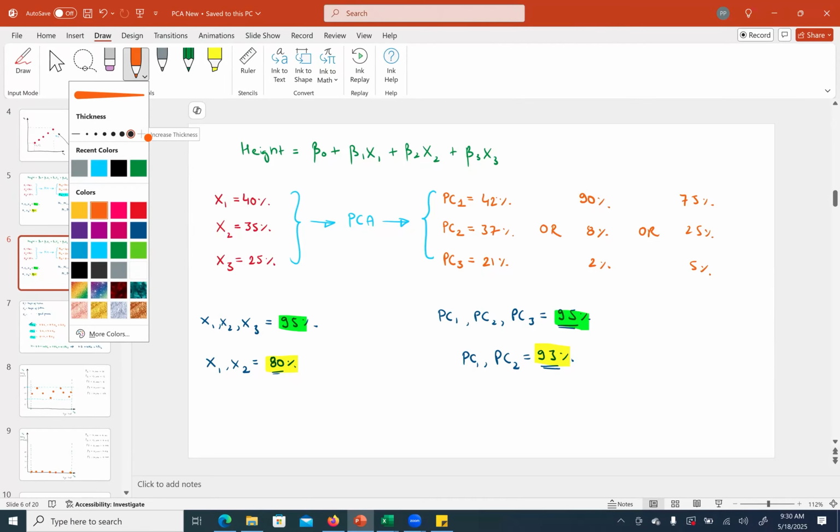Although I have used PCA, because of how the data was distributed, I'm not able to reduce the variables. Or it can be the case where it is working so well that maybe I need to use only one variable. The remaining two variables, if I want, I can drop.